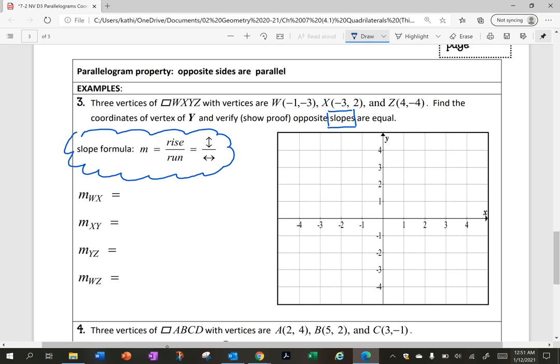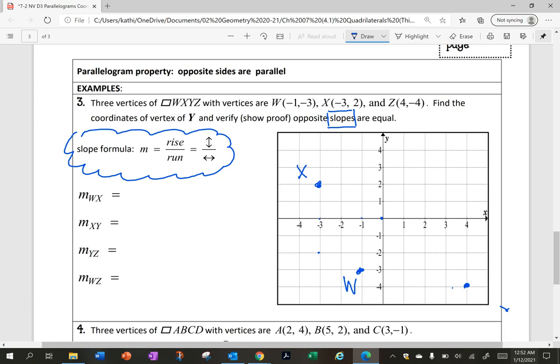So W is at -1, -3. X is at -3, +2. And Z is at 4, -4.